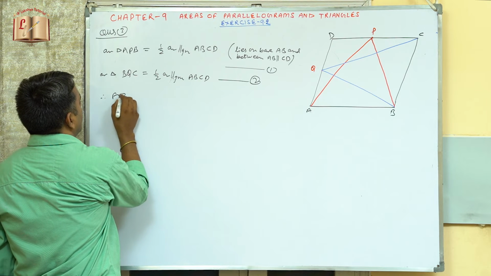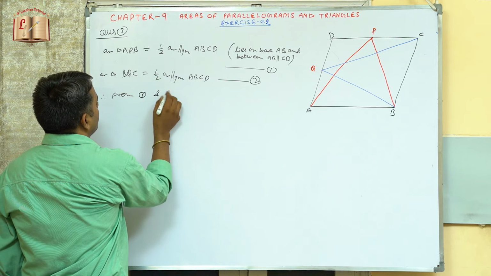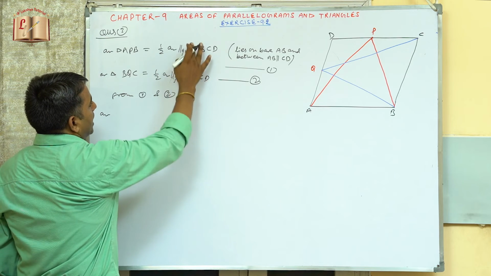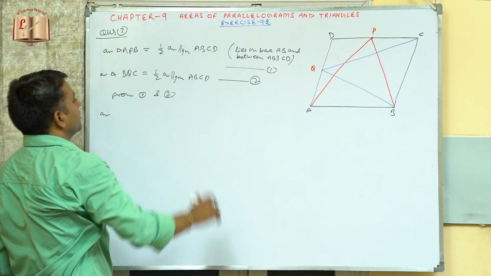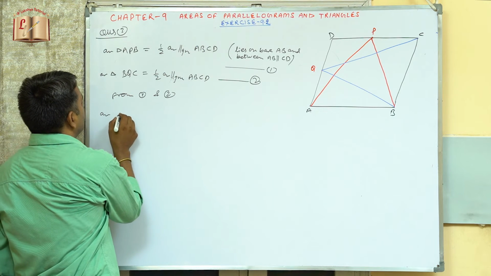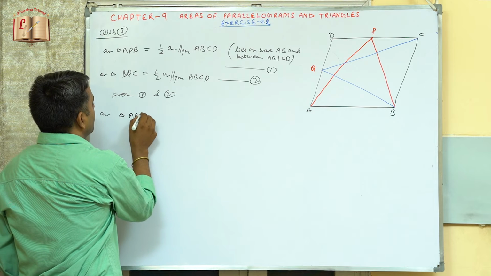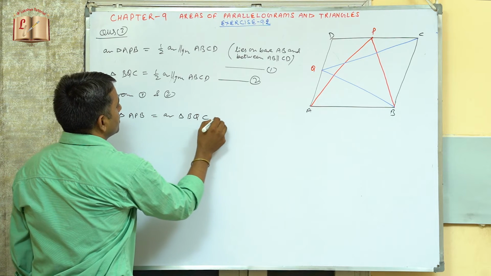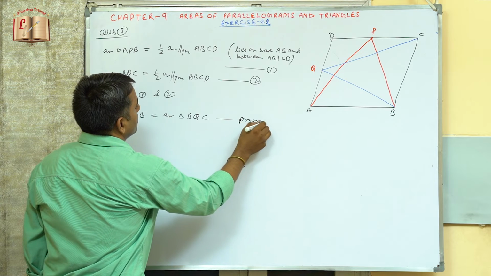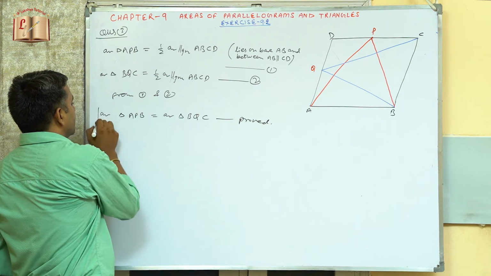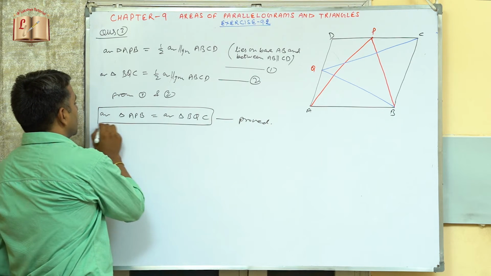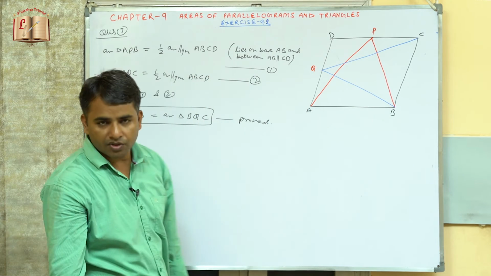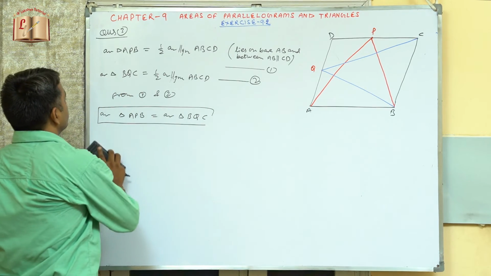Therefore from 1 and 2 we got, now this right hand side is equal, therefore left hand side will also be equal. Area of triangle APB is equal to area of triangle BQC. So this is proved, because both the triangles are equal to half of the area of the same parallelogram. So their areas will be equal.